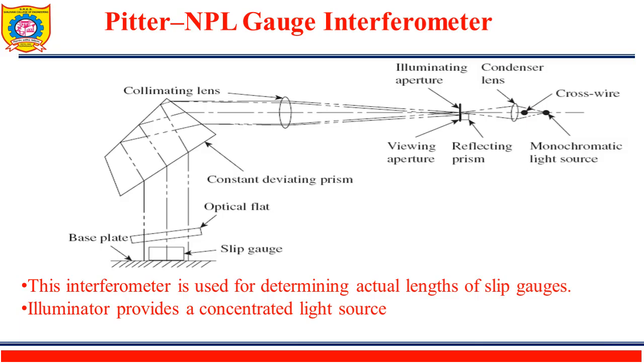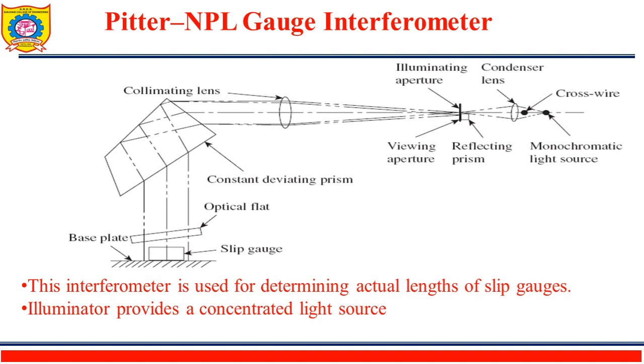It basically consists of a collimating lens, a constant deviating prism, and a base plate on which we can keep the object for measurement purposes. An optical flat is also provided with the gauge interferometer. There is one viewing aperture and reflecting prism mechanism, and an illuminating aperture.